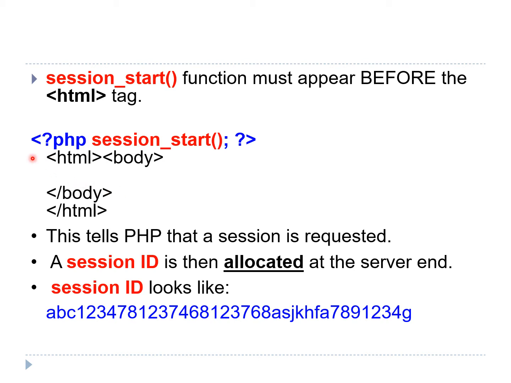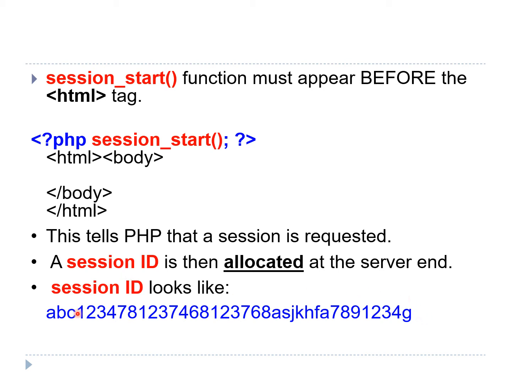So this first line of PHP indicates to the browser that the web page is accessing a session. This tells PHP that a session is requested. Then a session ID is allocated at the server end. We know that whenever a user logs in to a website, a session ID, a unique number, should be generated for that particular user. It will be a very big alphanumeric expression.